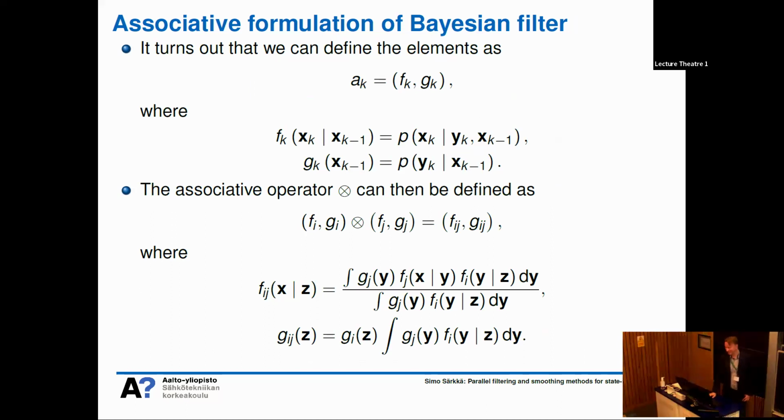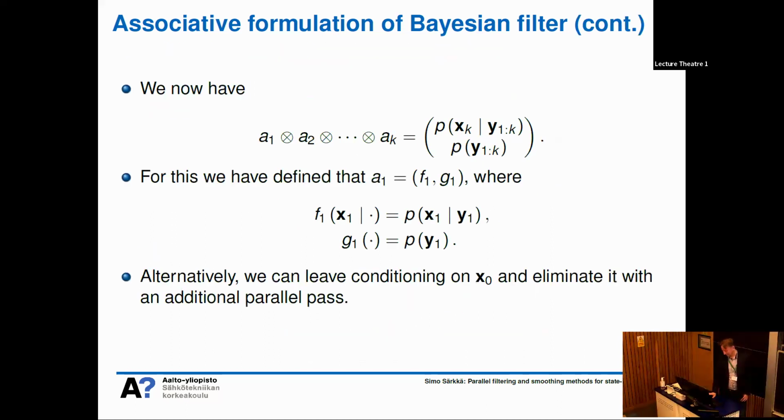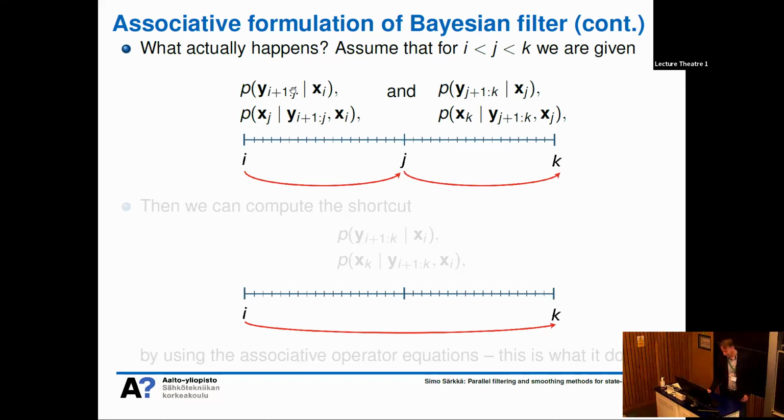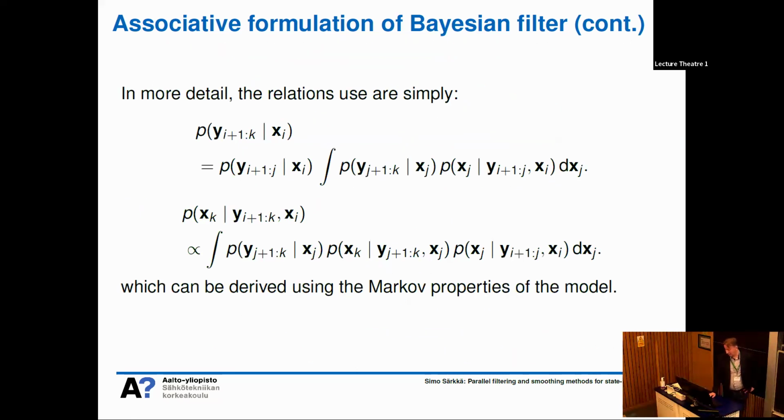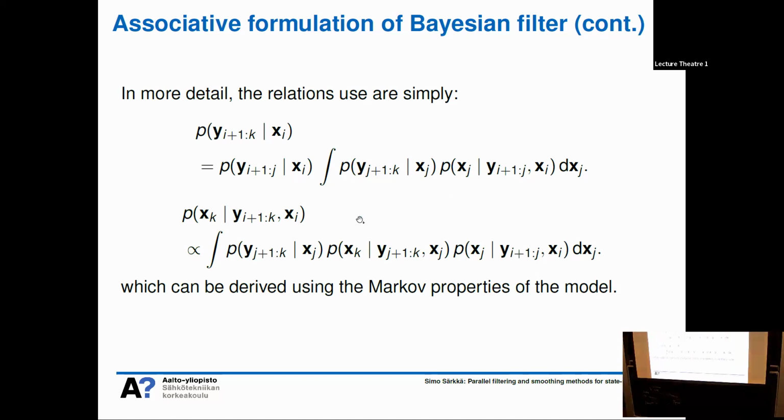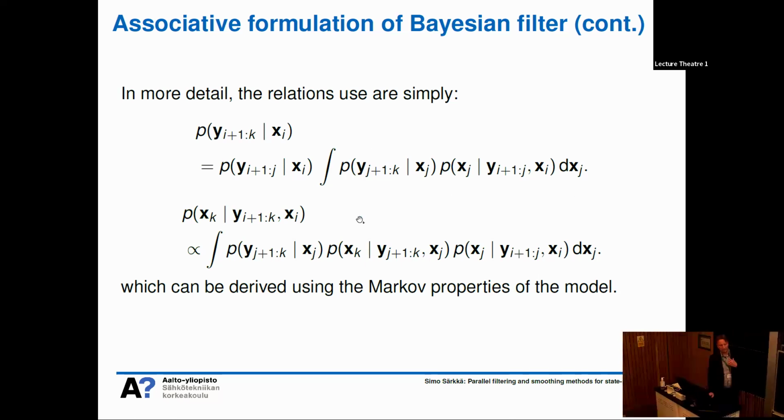So it's skips, and these distributions are exactly enough to compute this new distribution. More explicitly, the relations are quite simple integrals. You can derive this by using the Markovian properties. So this is the associative operator when I plug in the distributions there.